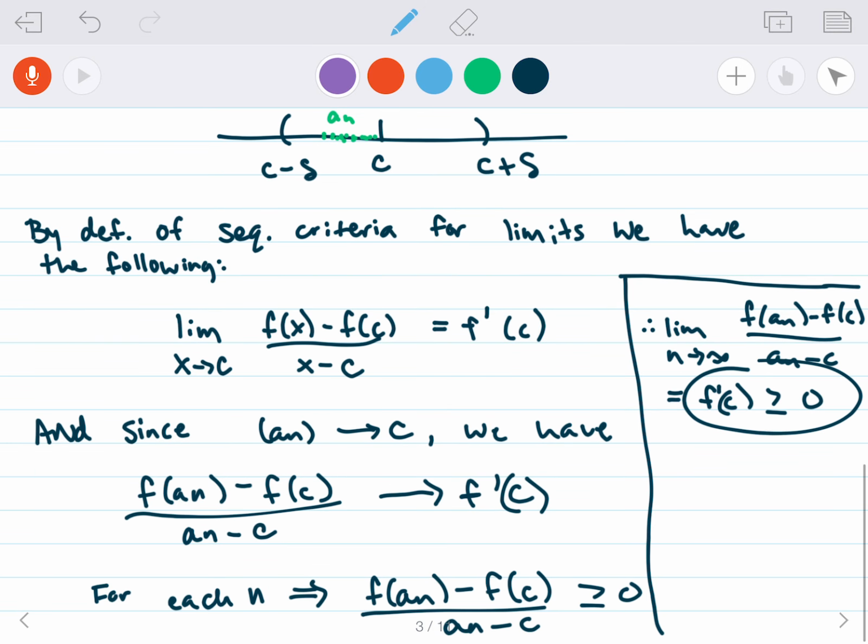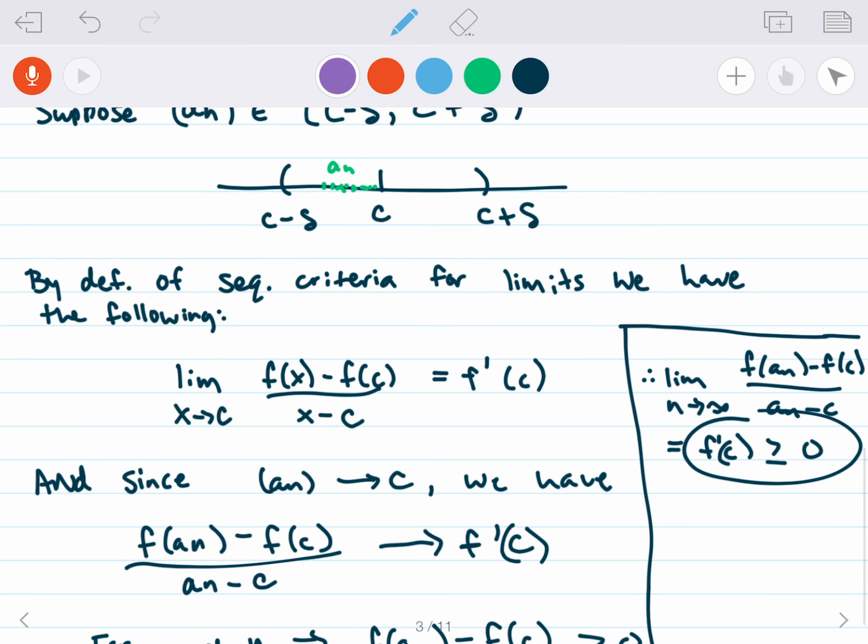So the next piece of this proof is that we're going to find a sequence on the other side of c, b sub n. And we're going to show that when you complete the steps like we did for a sub n, we're going to get f prime of c is less than or equal to 0. And so greater than or equal to 0 and less than or equal to 0 implies that f prime of c must equal 0.